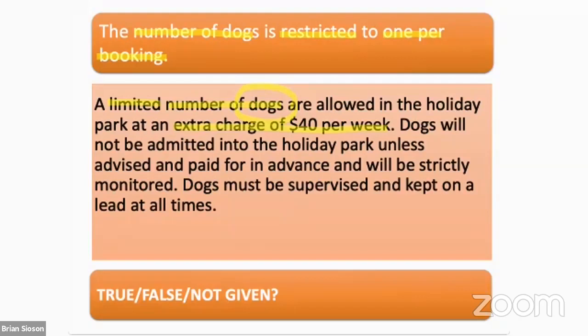It's written right here that I need to pay $40, but if I pay 80, I'll be able to have more dogs tag along. It's not just one, but more than one. And look at this, sir, number of dogs. That's plural, not singular. We're not talking about just one dog here, we're talking about many dogs. My question is, can you see one per booking in the passage? Can you see one per booking? So what is the answer, guys?